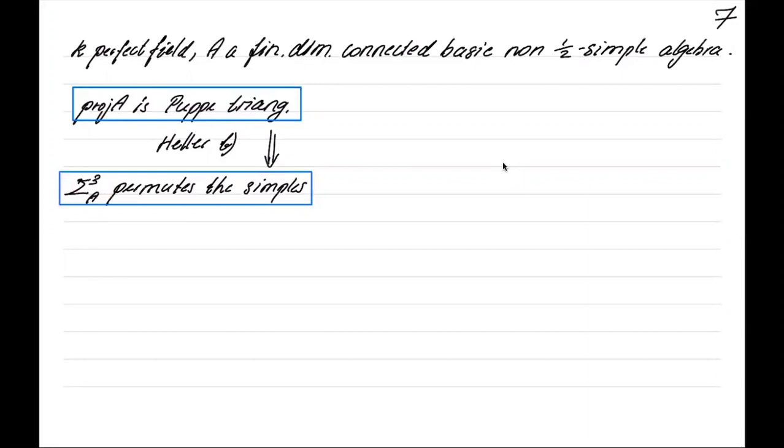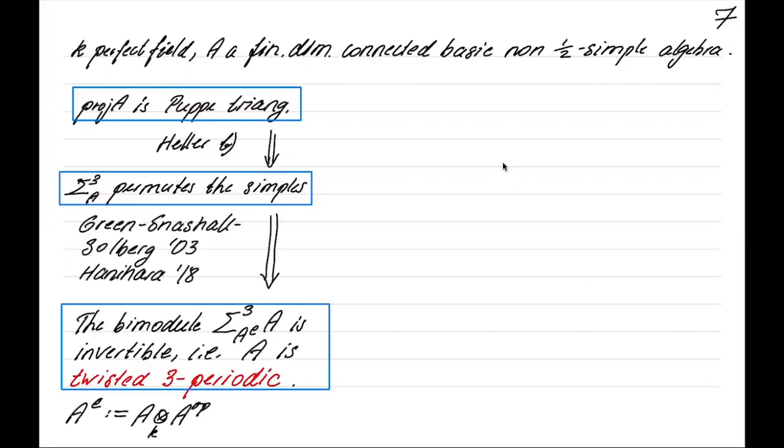Now, in this situation, by a result of Green, Snashall, and Solberg, slightly generalized by Hanihara, we find that the third suspension of A as a bimodule is invertible. Yes, it's invertible as a bimodule. There's another bimodule such that the tensor products on both sides are isomorphic to A as a bimodule. Yes, so this is then by definition what a twisted periodic algebra is.